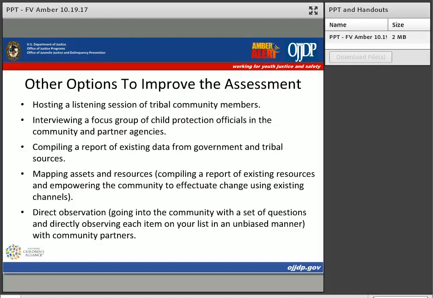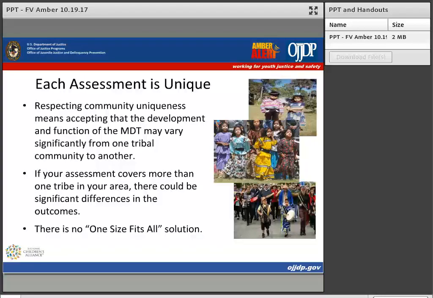Some of the best information that you'll gather on an assessment won't be from the official sitting across the table from you. It'll be from the person that you talk to at the local cafe or someplace like that. So be out there and get unbiased information from members of the community.